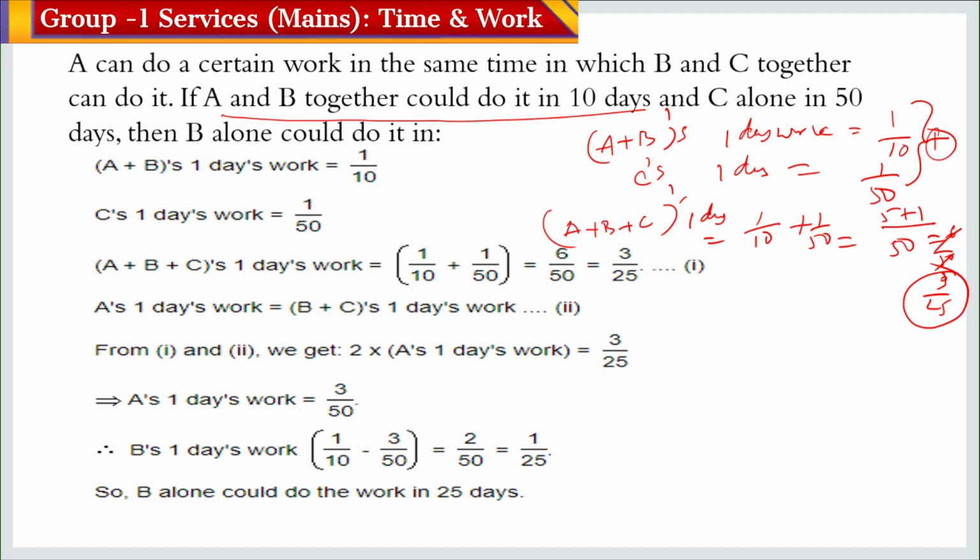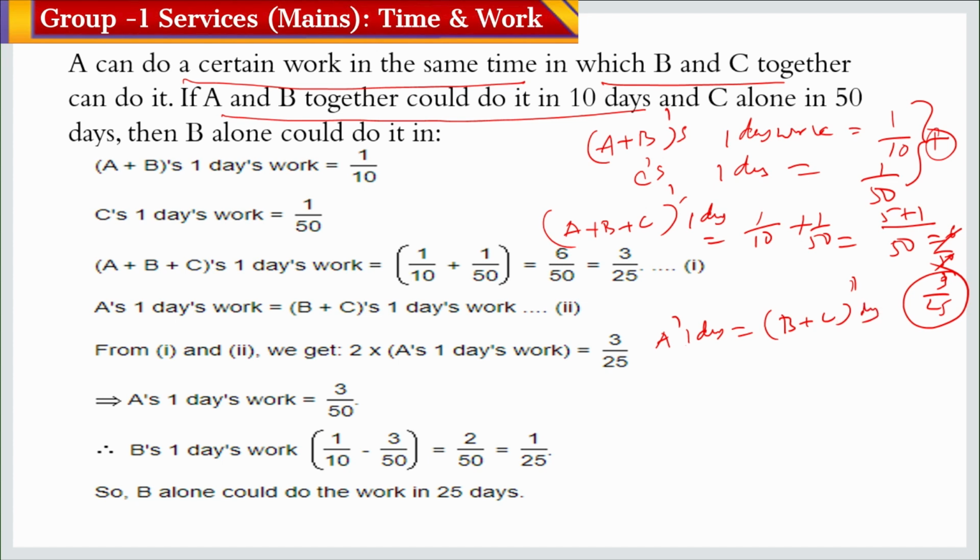What is given? A can do a certain work in the same time in which B and C together can do, means A's 1 day work is equal to B plus C's 1 day work, correct. This is the given information.